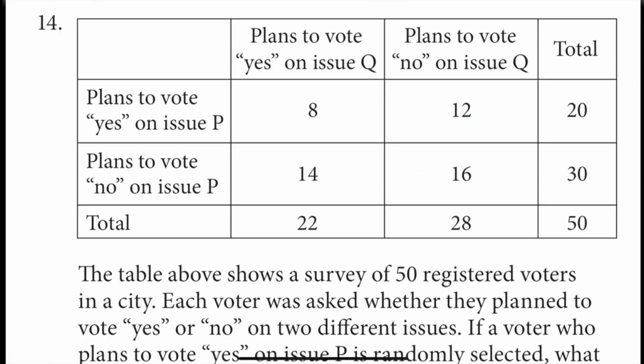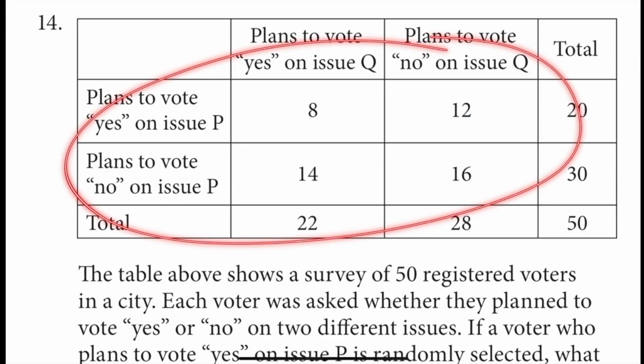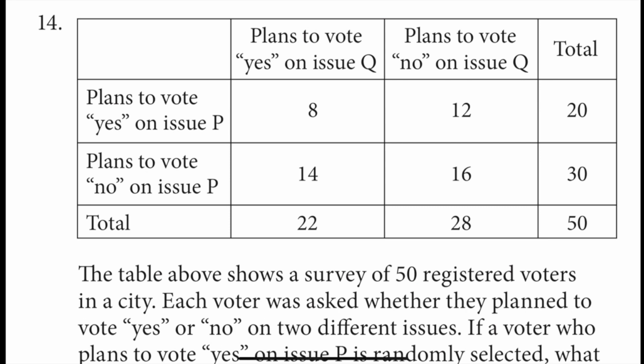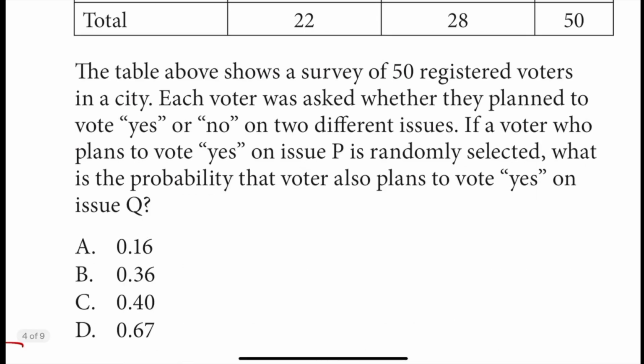Next one. In 14, I have a table. Interesting. Let's read. The table above shows a survey of 50 registered voters in the city. Each voter was asked whether they plan to vote yes or no on 2 different issues. If a voter who plans to vote yes on issue P is randomly selected, what is the probability that the voter also plans to vote yes on issue Q?